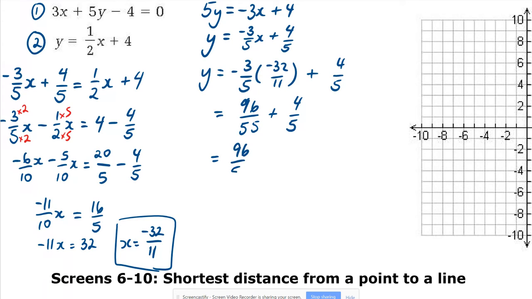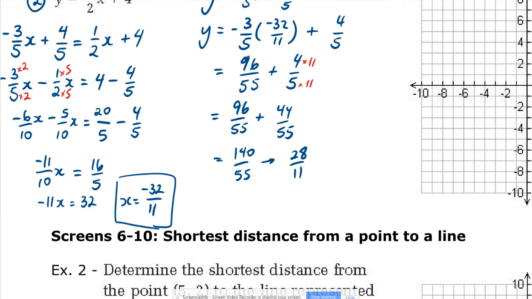So 96 over 55 plus, multiply the top and bottom by 11, and I get 44 over 55. 96 plus 44 is 140 over 55. And that can be reduced to 28 over 11 if I divide the top and bottom by 5. And so my y variable is 28 over 11. Therefore, the point of intersection is negative 32 over 11 and 28 over 11. So that's just a quick review of how to use substitution.